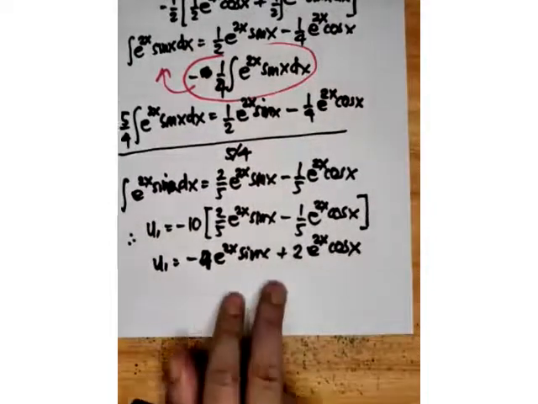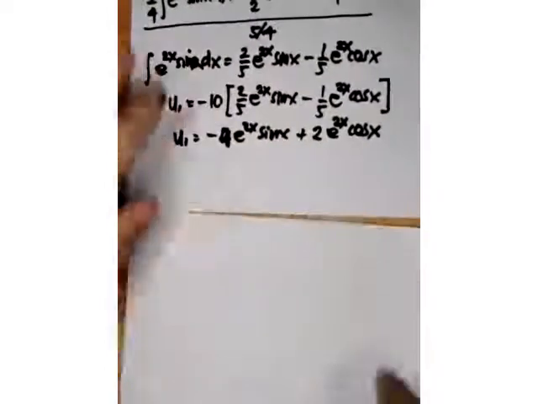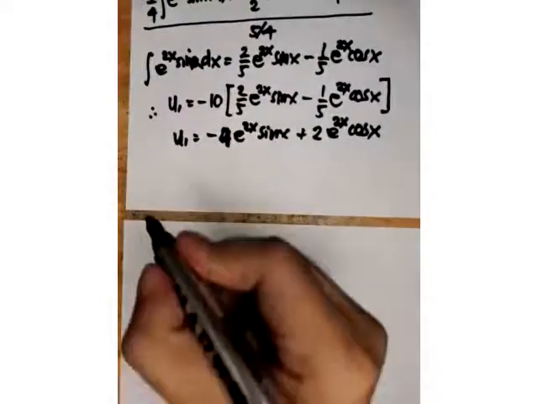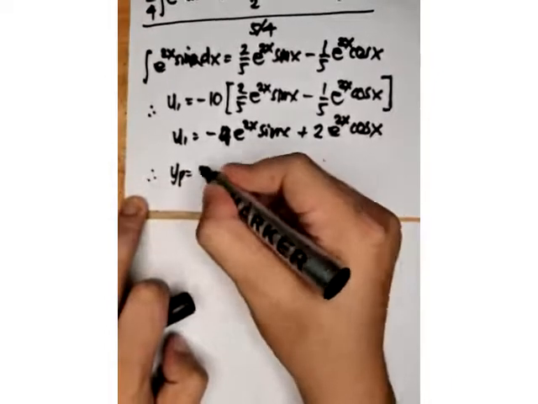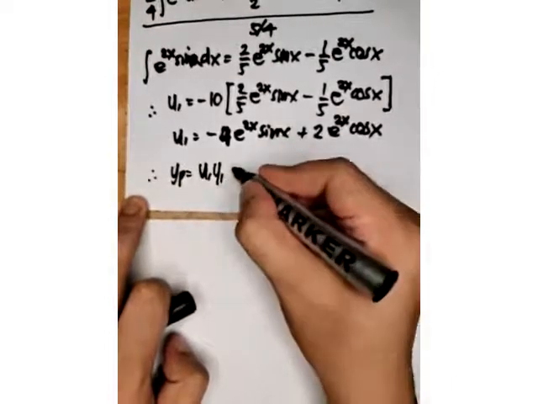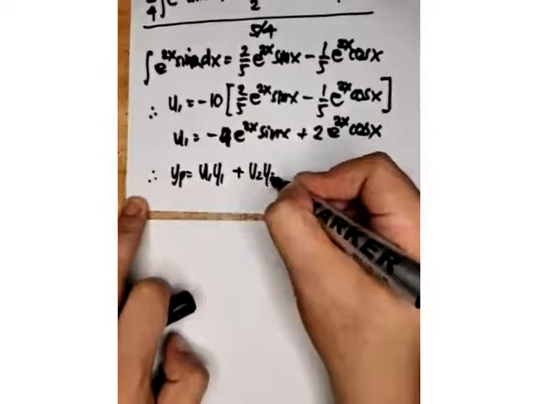Okay. Now let's proceed to our general solution. Therefore, y sub p is equal to U1 y1 plus U2 y2.